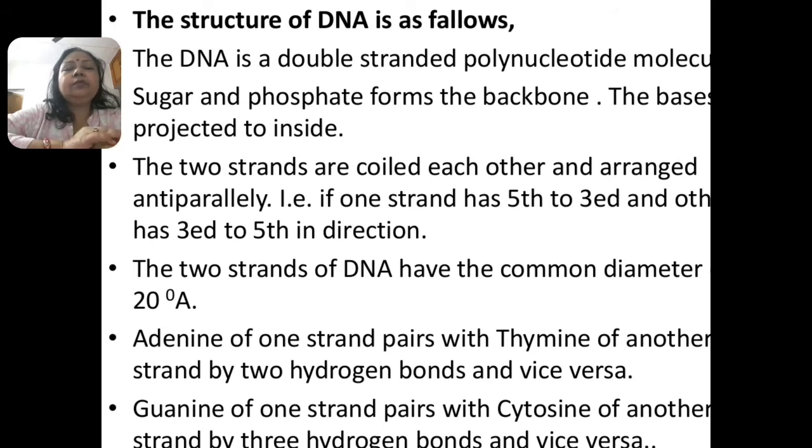Adenine of one strand pairs with thymine of the other strand, joined with the help of two hydrogen bonds, and vice versa. Guanine of one strand pairs with cytosine of the other strand by three hydrogen bonds.